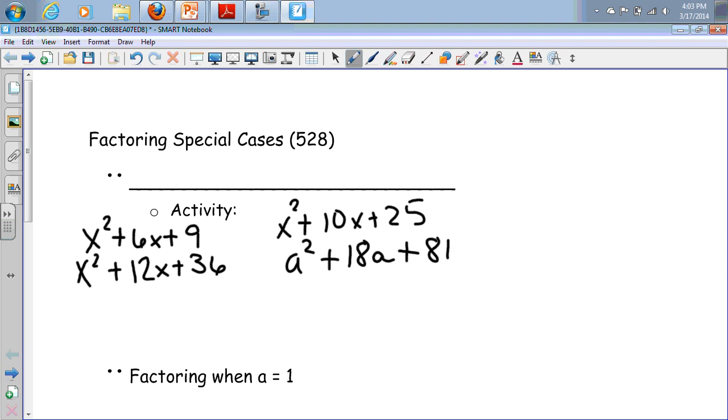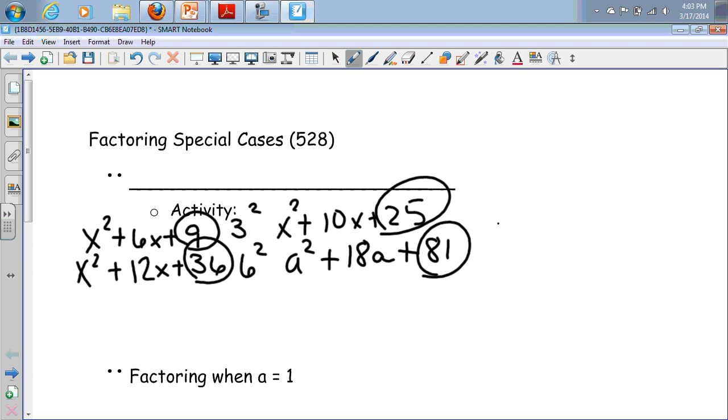Okay. What do you notice about these last numbers? Hopefully you notice they were perfect squares. In other words, 9 you have 3 squared, 36 you have 6 squared, 81 you have 9 squared, 25 you have 5 squared.